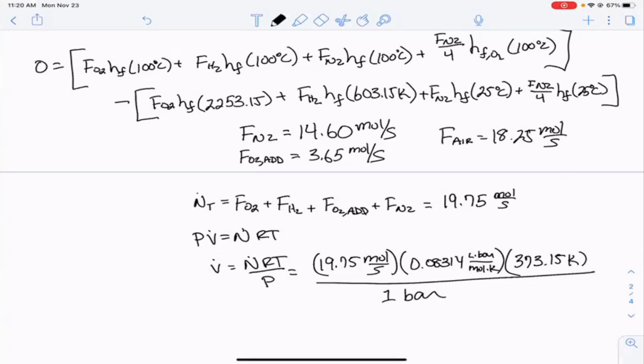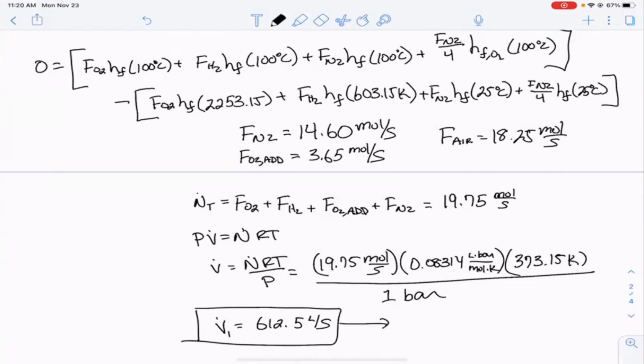All right, so before we compress it, we had been told in the problem statement that everything was at atmospheric pressure. So our volumetric flow rate that's entering the compressor is 612.5 liters per second. Okay, so we'll call that V1, which is entering the compressor.